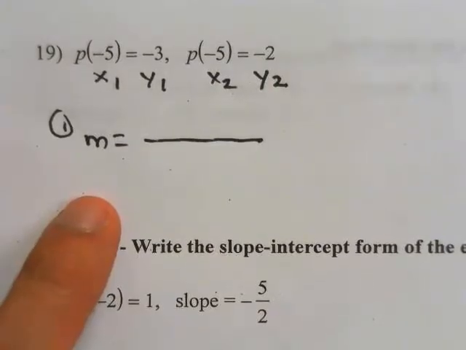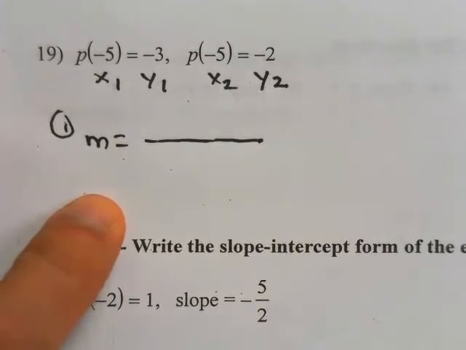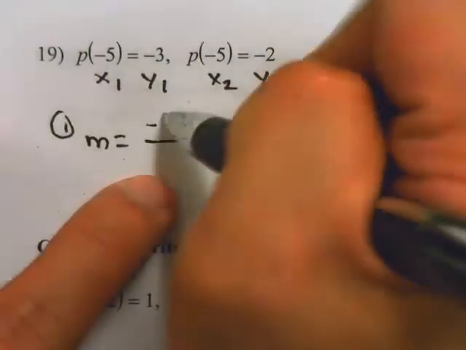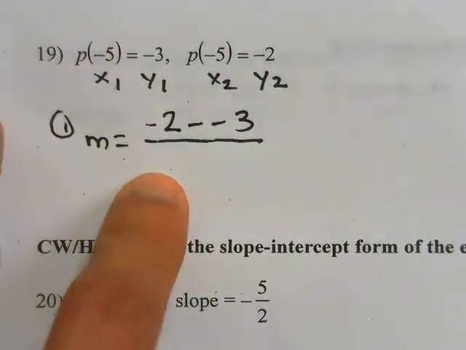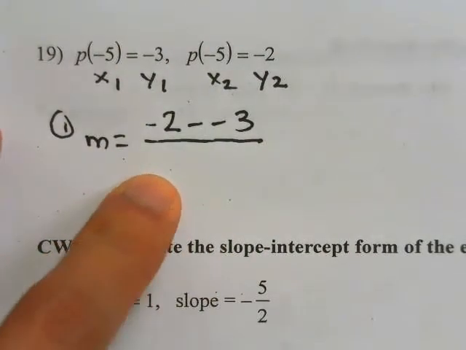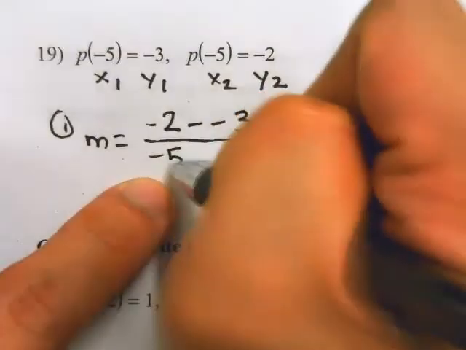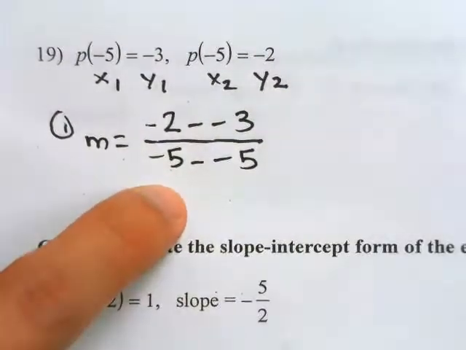Last time, tell me what to write. Ready, go. Negative 2 minus negative 3. Good. All over minus negative 5.